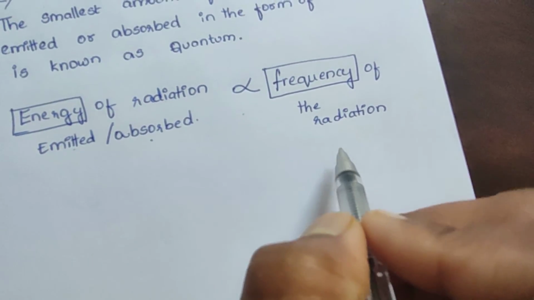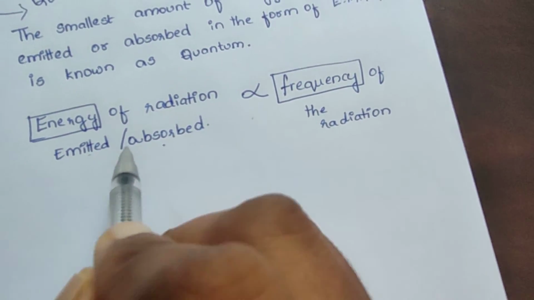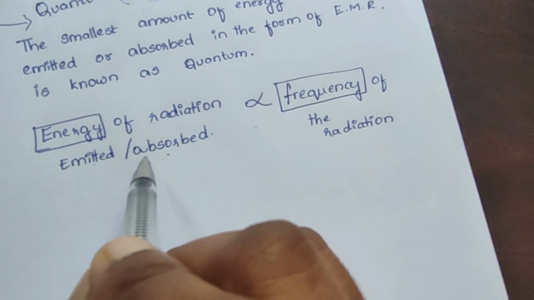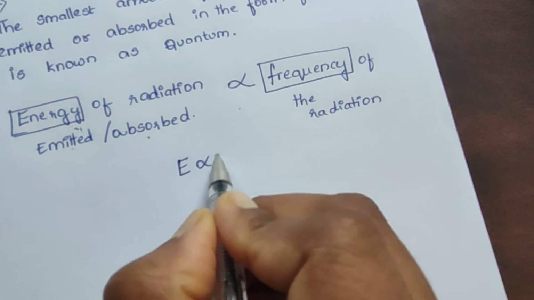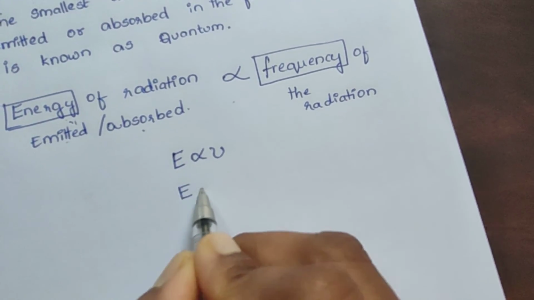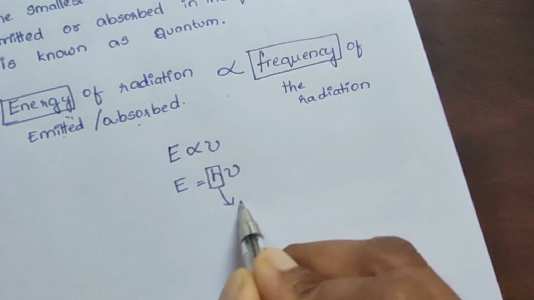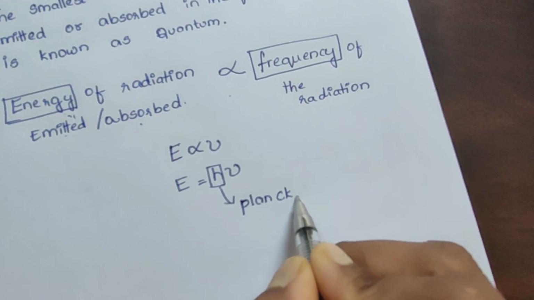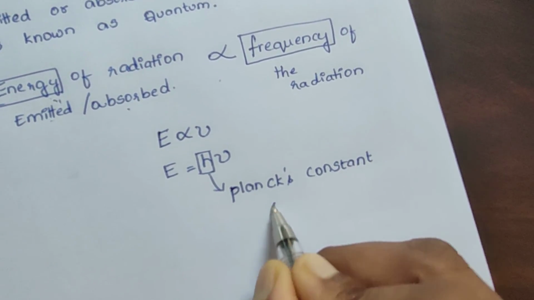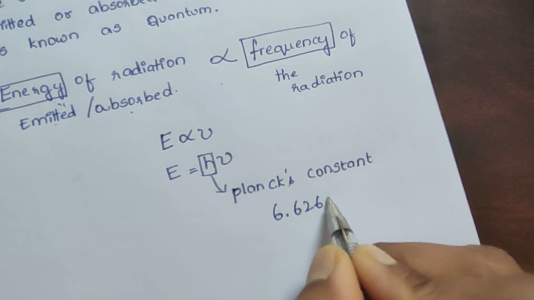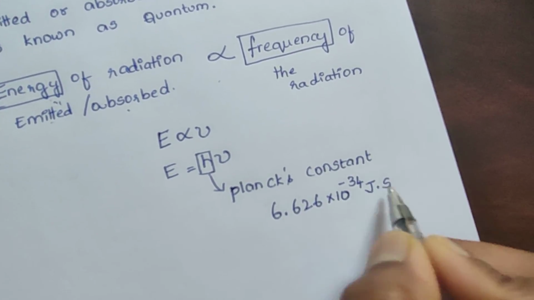If the radiation frequency is high, the energy absorbed or emitted will be high. So E is proportional to nu, and E equals h nu. Here h is Planck's constant, and it has the value of 6.626 times 10 power minus 34 joule second.